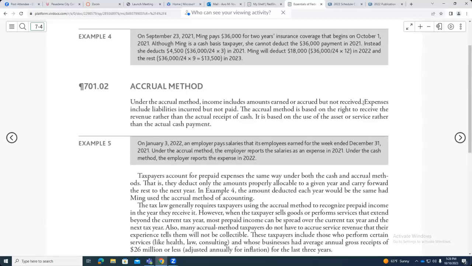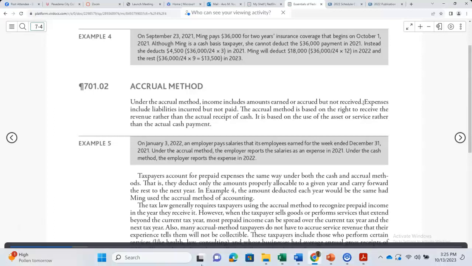Okay, but still I earned it. And it is still taxable income for me because I do my business on accrual basis. And same thing for expense. If you receive some type of service or goods and you have the obligation to pay at that moment, it's an expense. Doesn't matter if you paid or not.